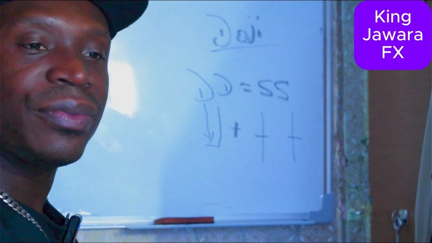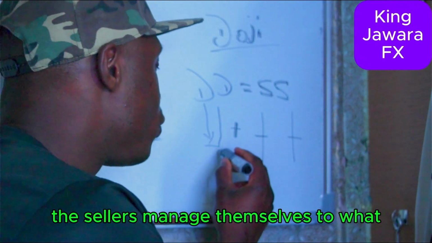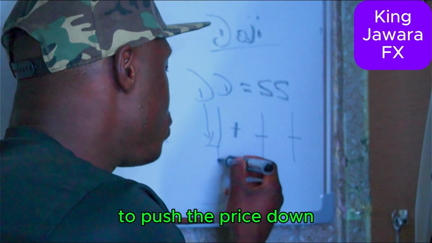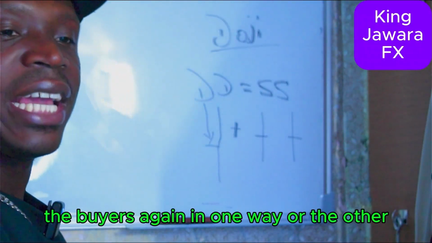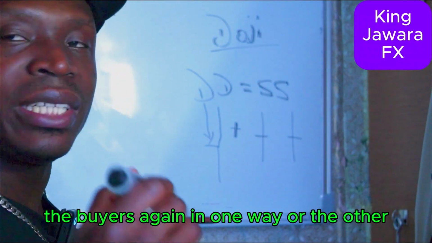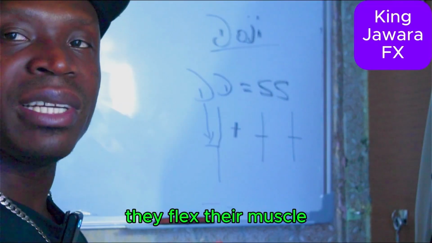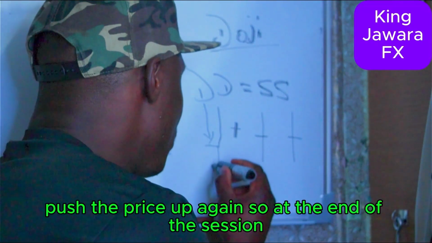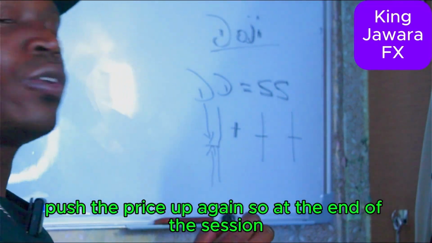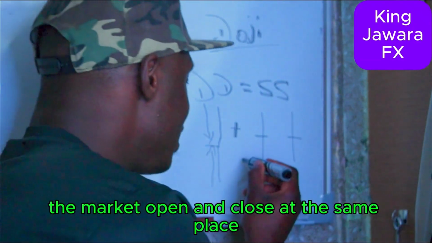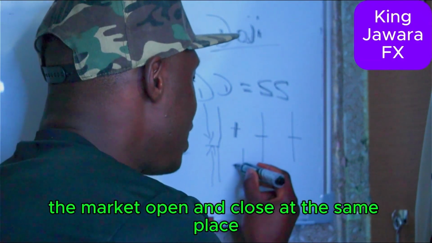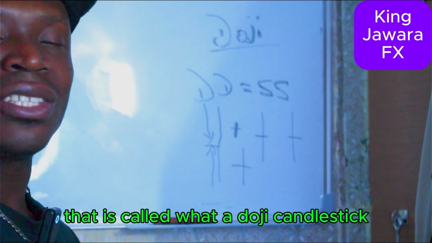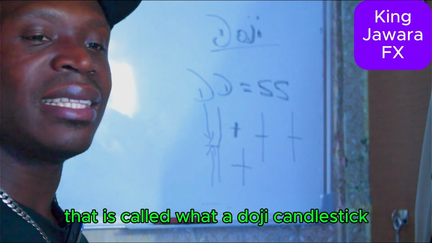Again, the sellers managed to push the price down. The buyers again, in one way or the other, flex their muscle and push the price up again. So at the end of the session, the market opened and closed at the same place. That is called a doji candlestick.